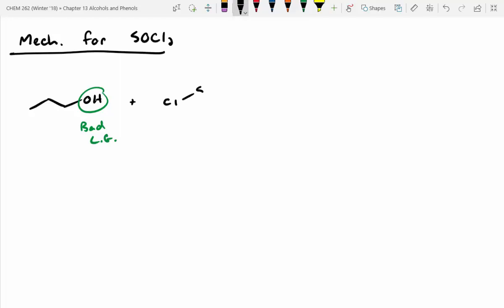And thionyl chloride is a sulfur-containing compound. Looks like this. And this is a really good electrophile. It wants to be attacked by a nucleophile.